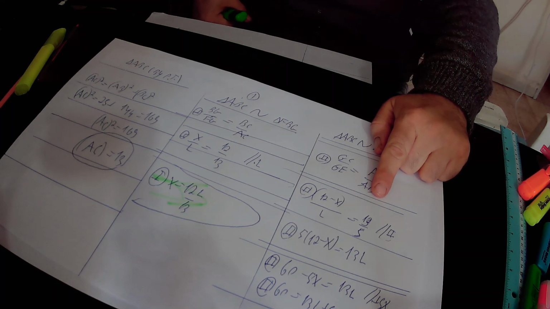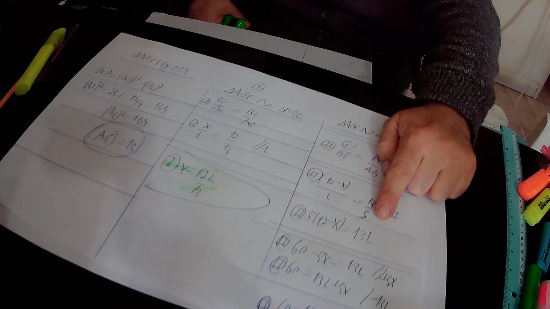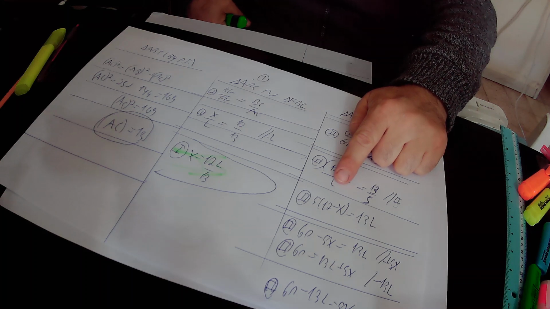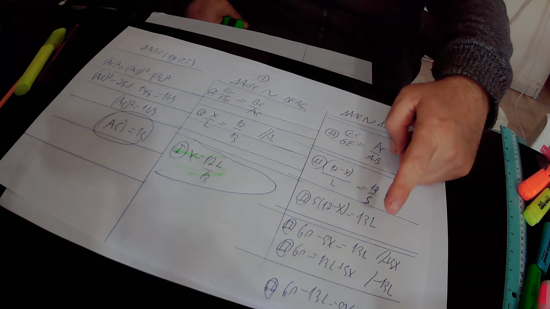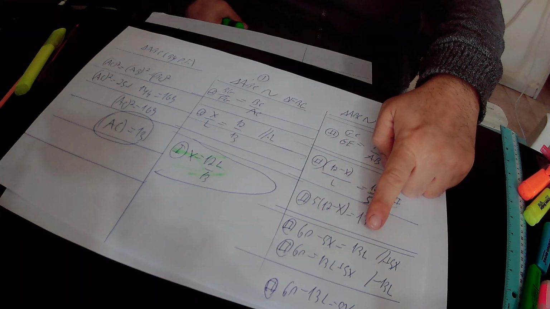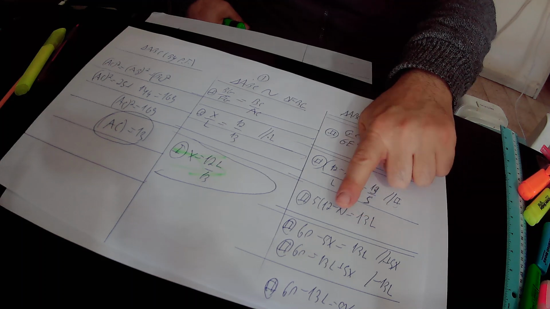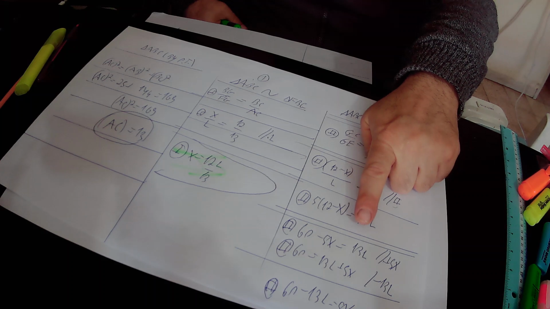Here we cross multiply this equation 2, and finally find that 5 times 12 minus X equals 13L. Here we open the brackets: 5 times 12 is 60, and 5 times minus X is minus 5X, and this equals 13L. Here we add 5X to this equation, and find that 60 equals 13L plus 5X.